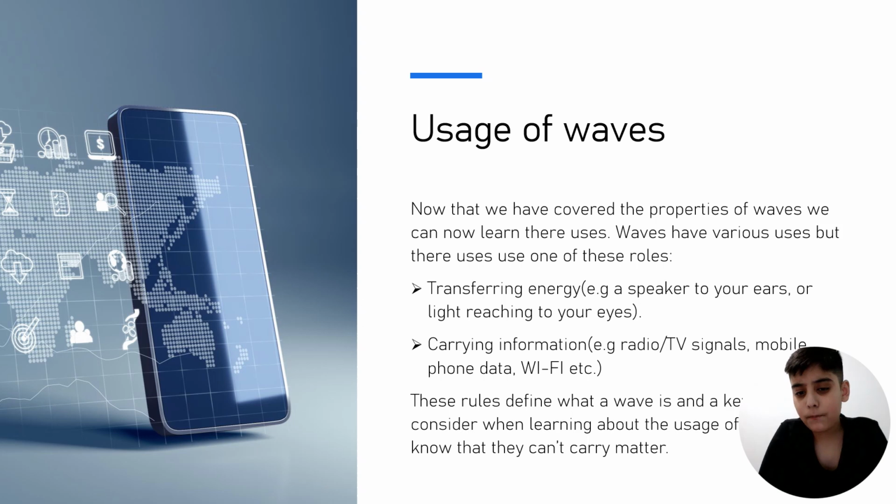Now we need to think about the rules. If we learned about the usage of a wave, we need to consider the rules. Think about this: only energy can be transferred in a wave. Have you ever seen that show where you imagine you're just moving a battery? That could be called a wave. But there's one thing which stops it being called a wave.